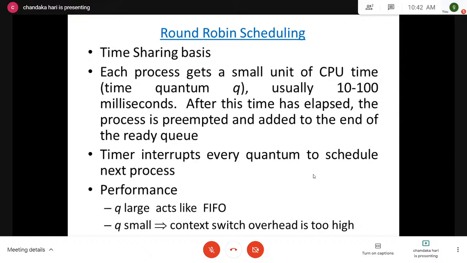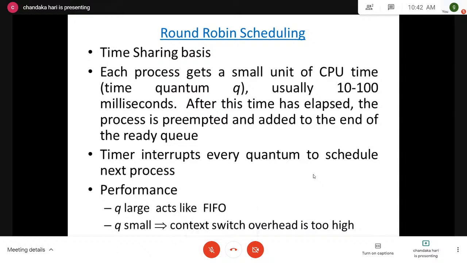That implies your timer is continuously giving an interrupt to the CPU after completion of every quantum, so that the CPU immediately stops whatever it is executing and shifts to the next job in the queue. That's why round robin scheduling is a preemptive scheduling algorithm.